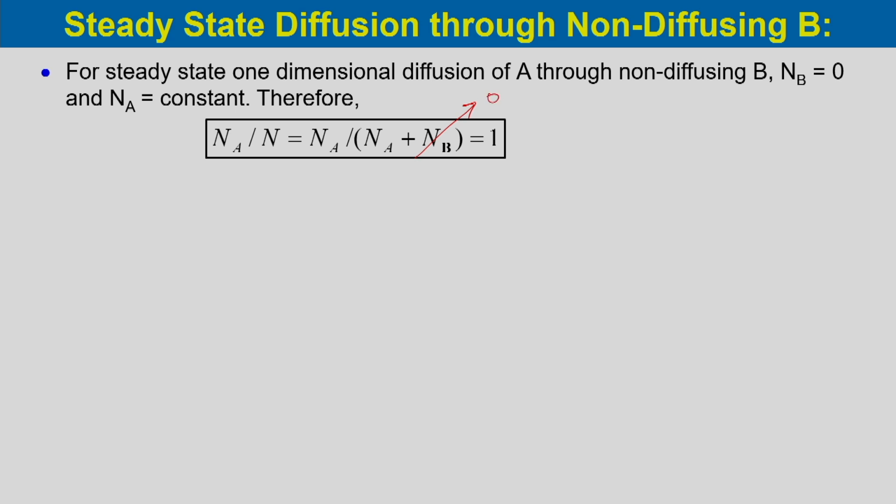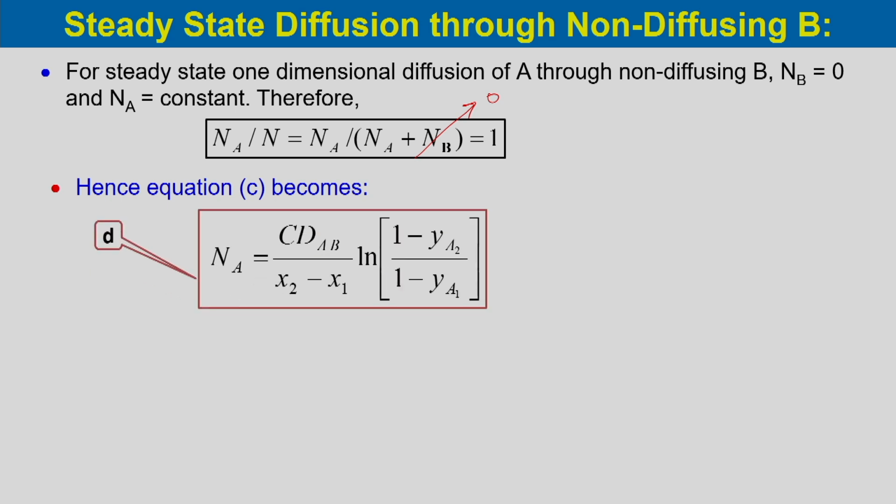So, NA by NA plus NB would be equal to NA by NA, which equals 1. Hence, equation C becomes NA is equal to c DAB by x2 minus x1 ln of 1 minus YA2 by 1 minus YA1.